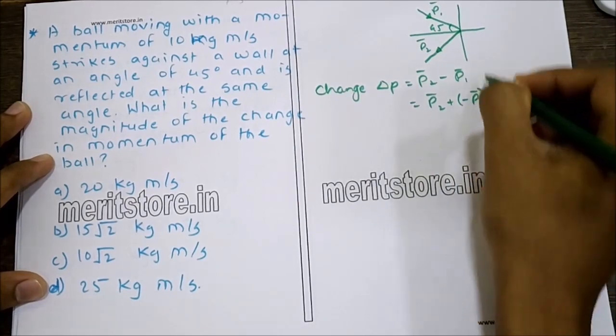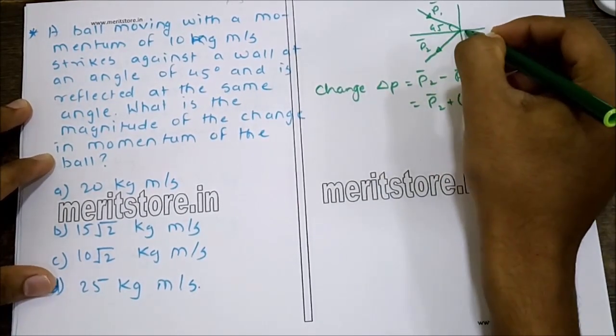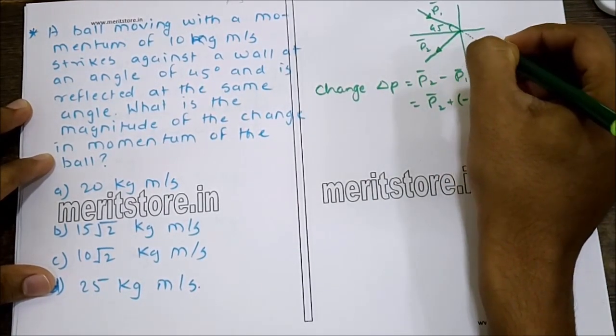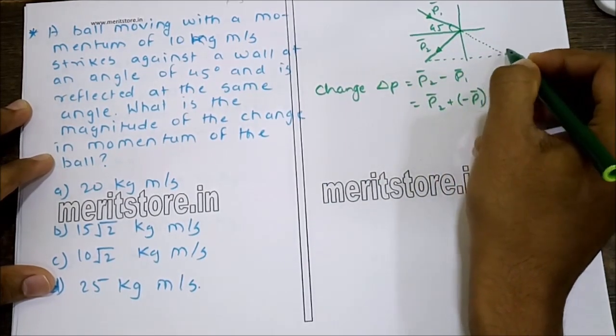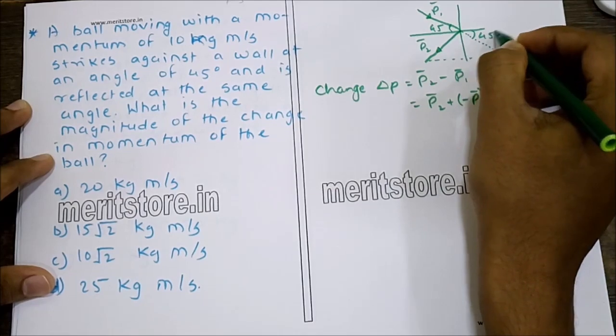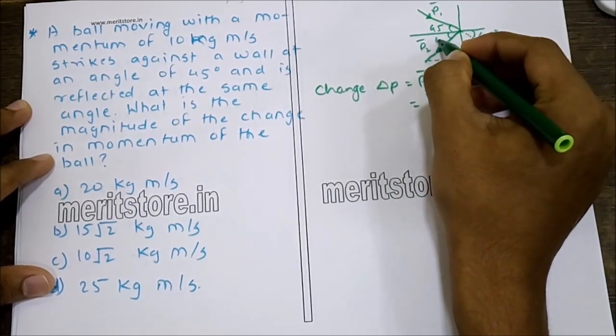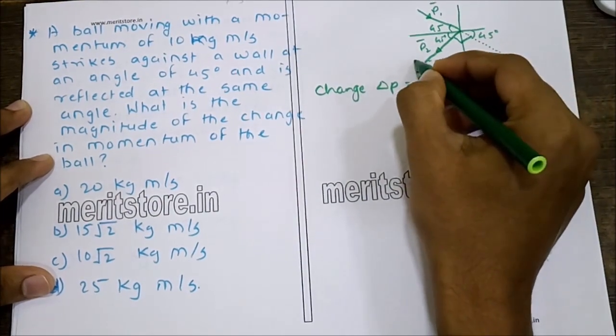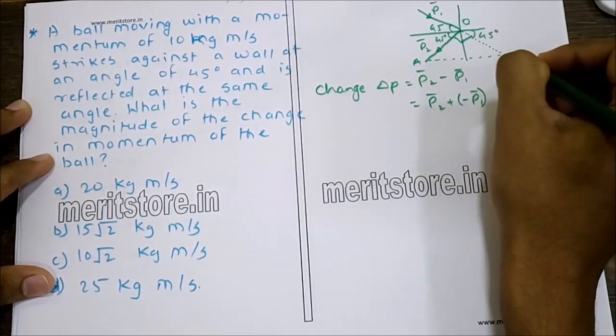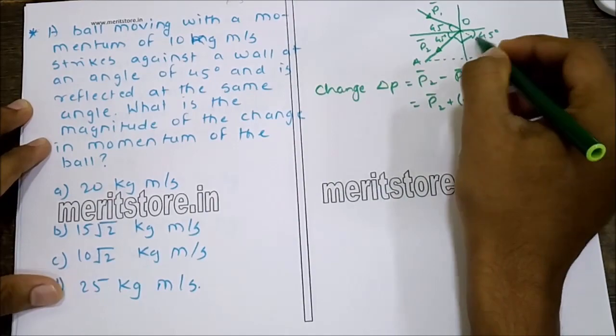The purpose of this minus would be explained later. Now let us extend this P1 component such that, with 45 degrees and 45 degrees, the angle AOB would be 90 degrees.